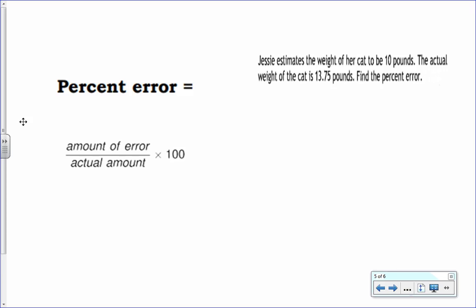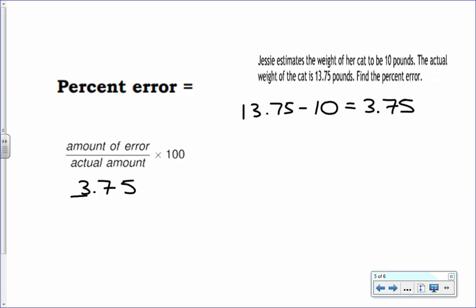In this example, it says Jessie estimates the weight of her cat to be 10 pounds. The actual weight of the cat is 13.75 pounds. Find the percent of error. To figure out the amount of error, you subtract them, so we do 13.75 minus 10 to get 3.75. So the amount of error is 3.75, because her cat actually weighs 3.75 pounds more than she thought, over the actual amount, which is 13.75, and then we multiply that by 100.